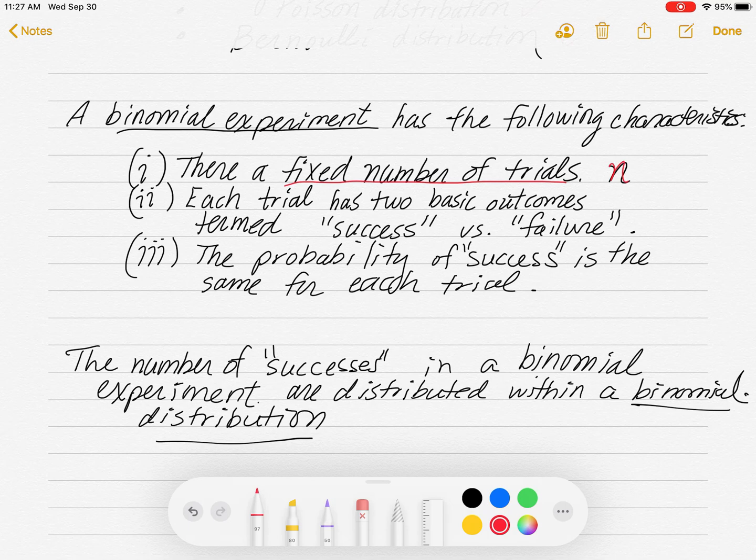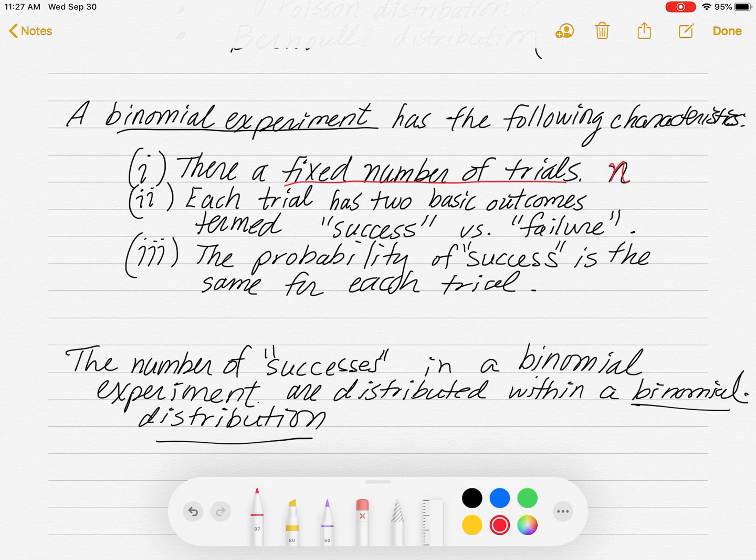Let's say I have a deck of cards and I draw a card from the deck, with 4 draws, and I'm replacing the card after I draw. Then my n would be 4, because I have 4 draws. So you have a fixed number of trials.